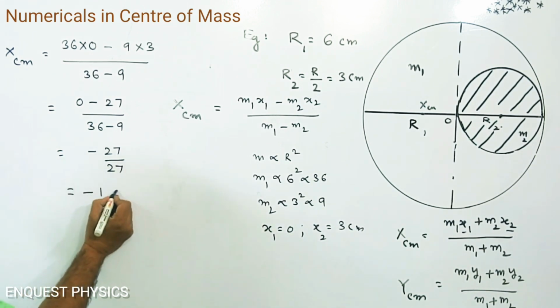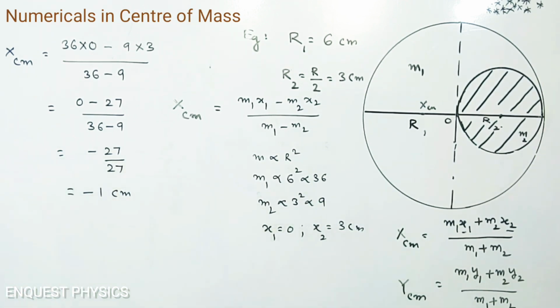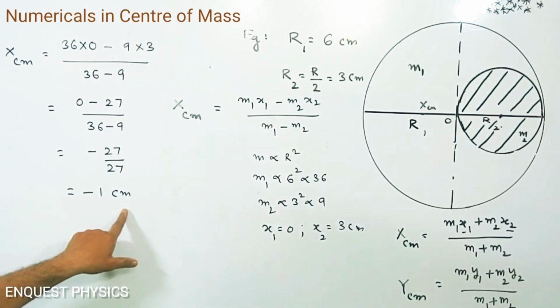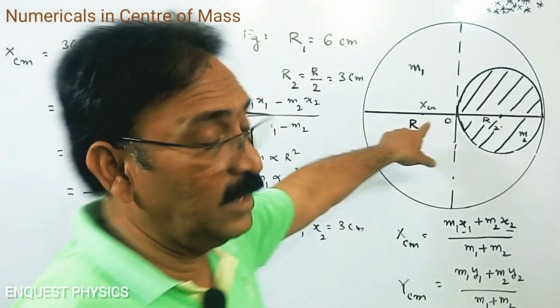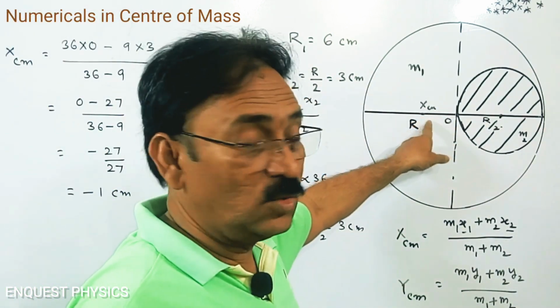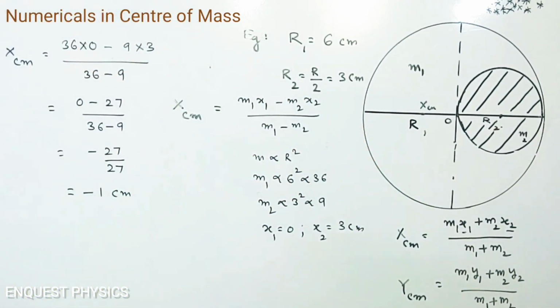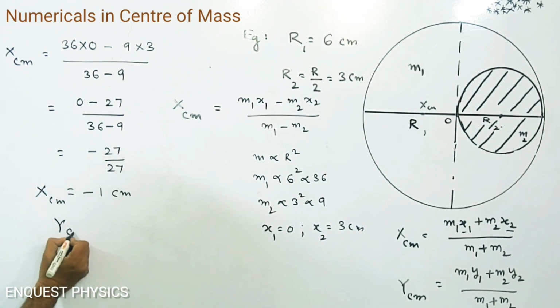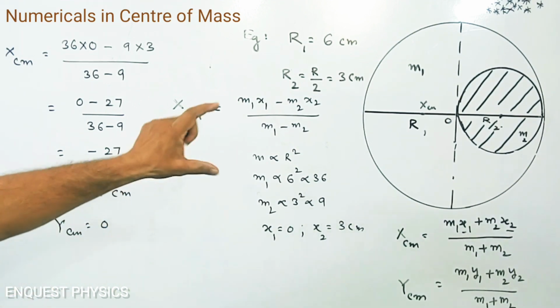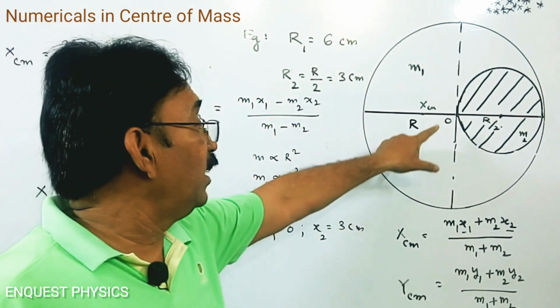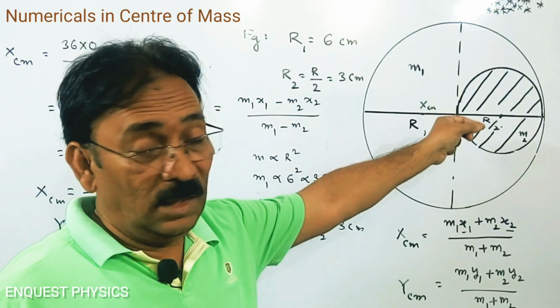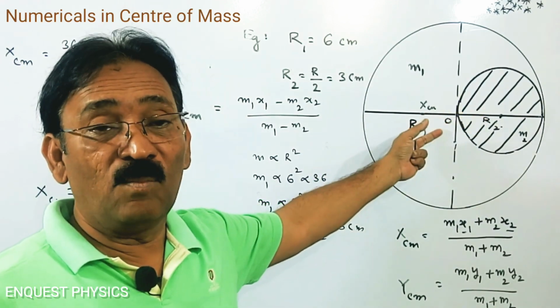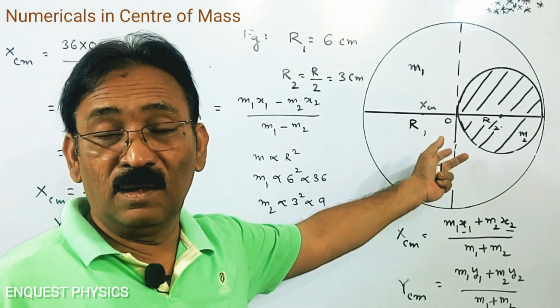Okay, 1 centimeter. The center of mass shifted 1 centimeter to the left side, students. And similarly, the ycm, there is no change, it is equal to 0. In this way, you can find out the center of mass when a plate is removed from the circular plate of given radius.